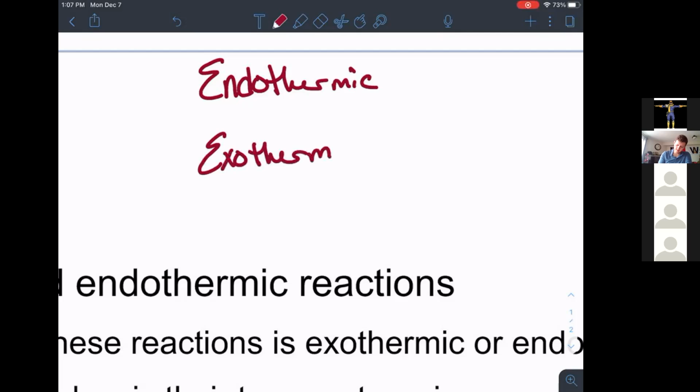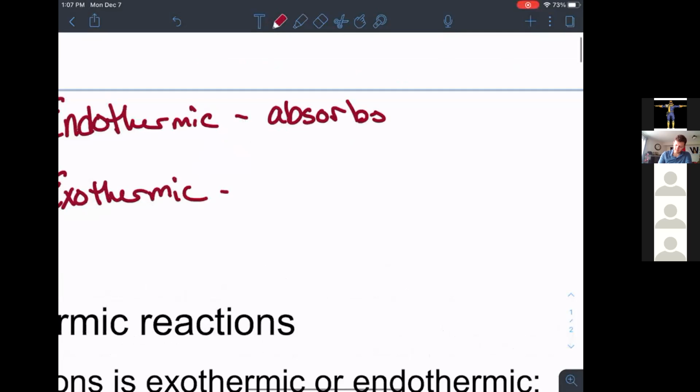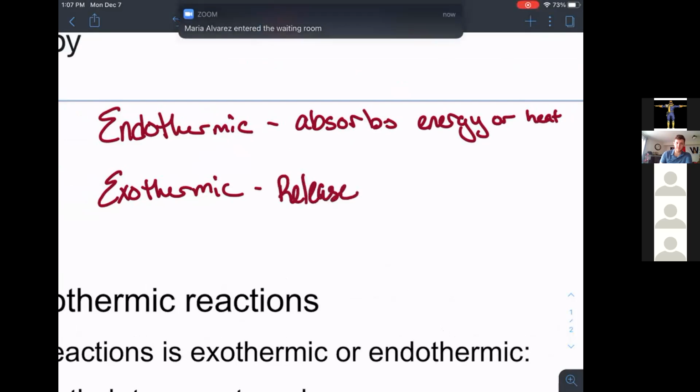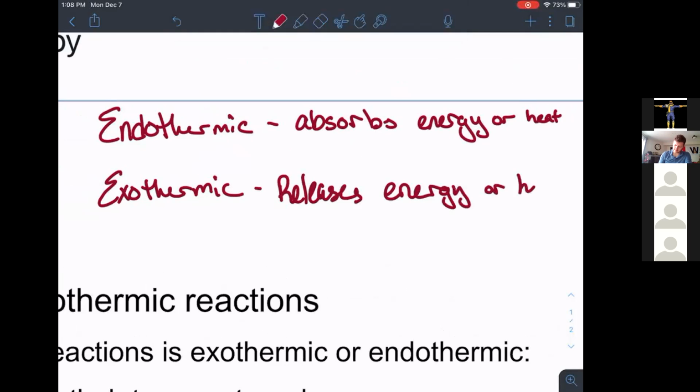Endothermic absorbs the energy. All right, endothermic absorbs energy and heat, which means exothermic, I think somebody said it in the chat, releases energy or heat.